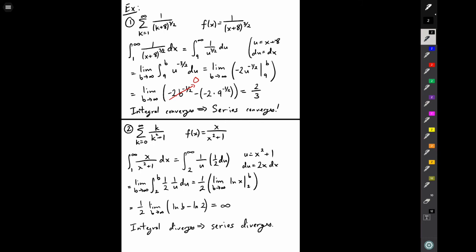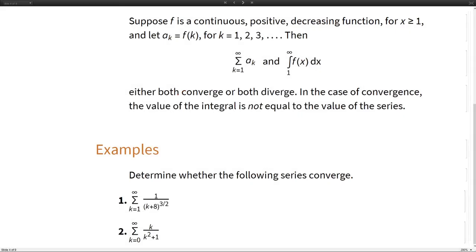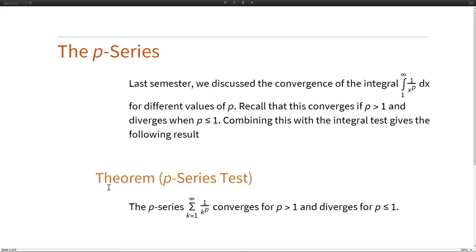So just to sum this up in a nice way, there's a quick test that goes along with the integral test here. Let me pop back over to Mathematica. There's something called the p-series.